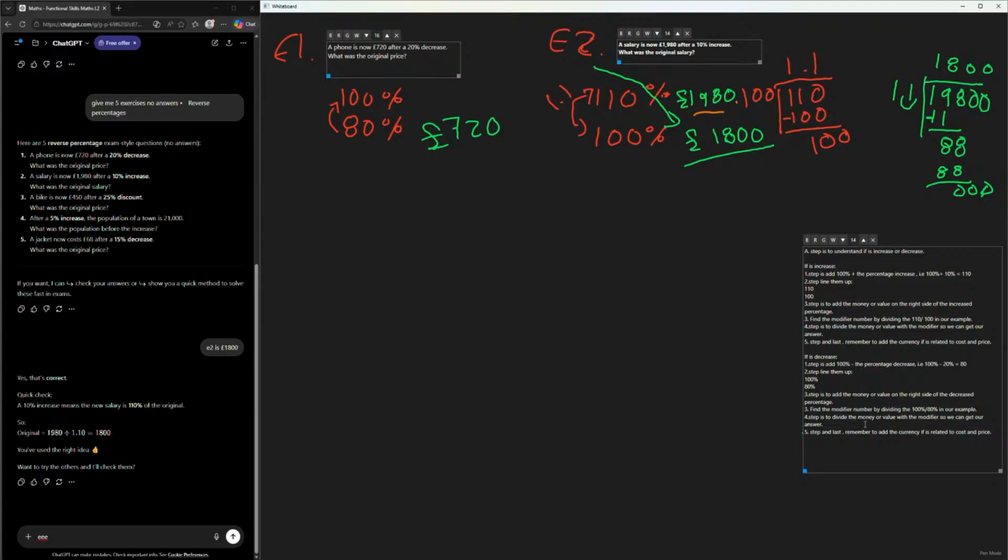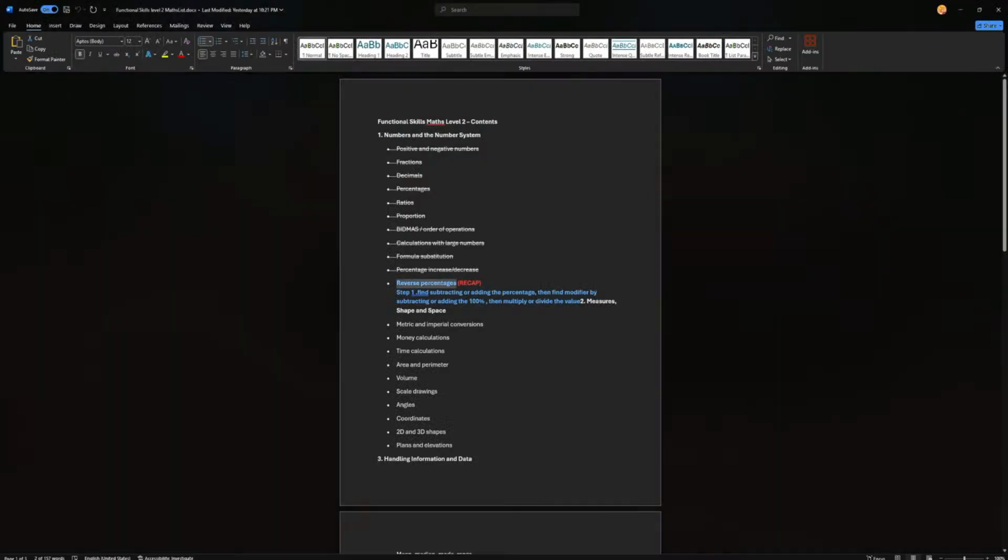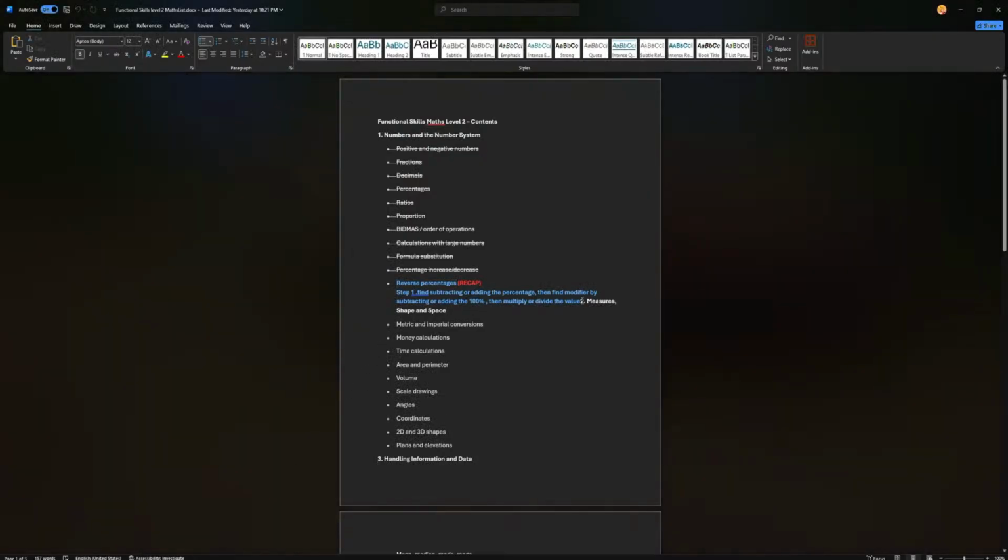Step is to multiply our answer. Step and last, remember the currency, the cost and price. So this is my explanation, I guess, for this bit here.